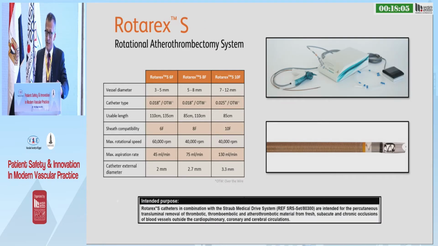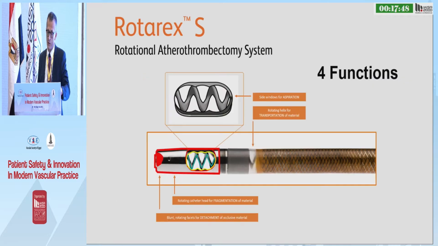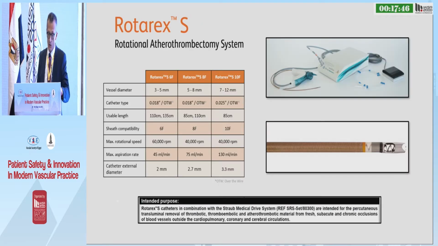Rotarex exists in 3 different sizes, 6, 8, and 10 French, for different vessel diameters: the 6, the smallest one, for a vessel between 3 and 5, the 8 for a vessel between 5 and 8, and the biggest one, the 10 French, for vessels between 7 and 12 millimeters.